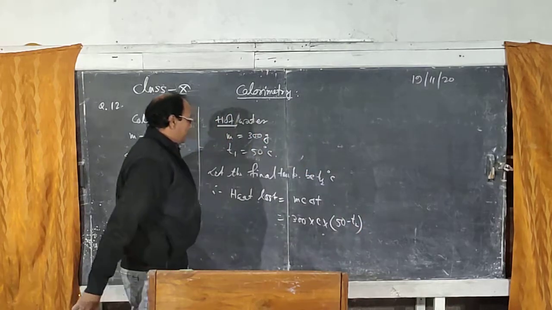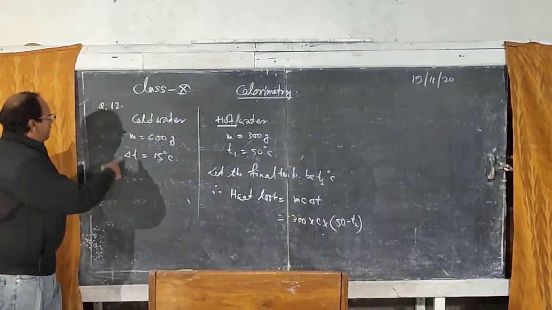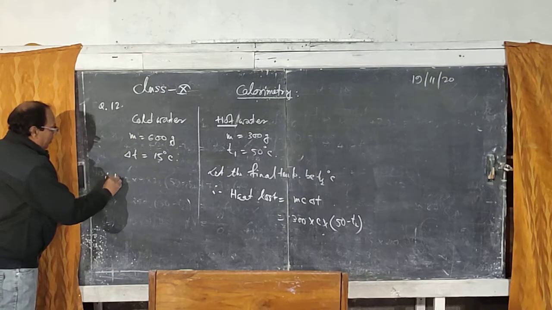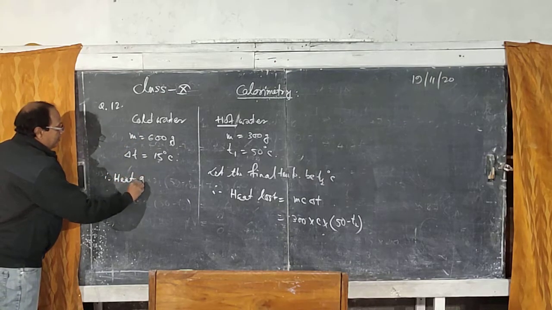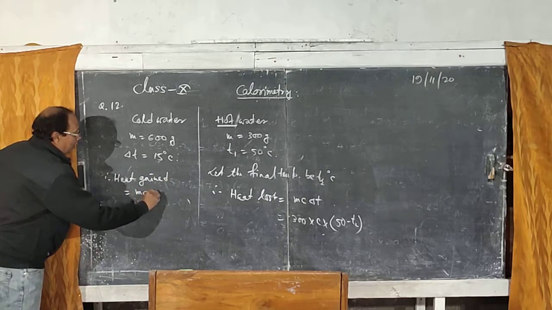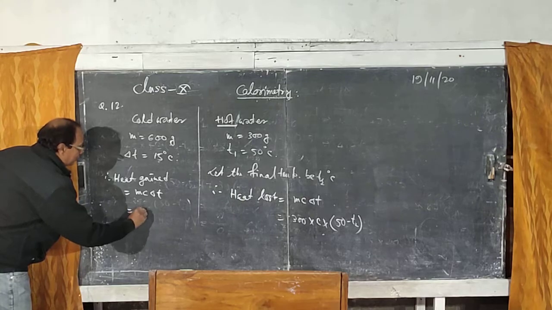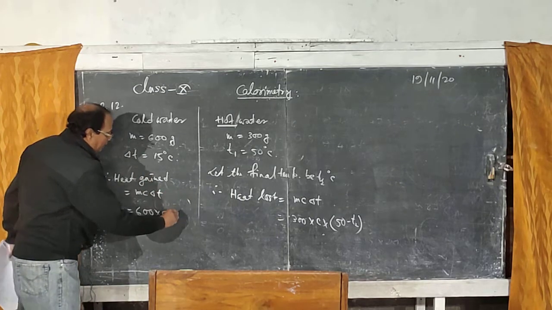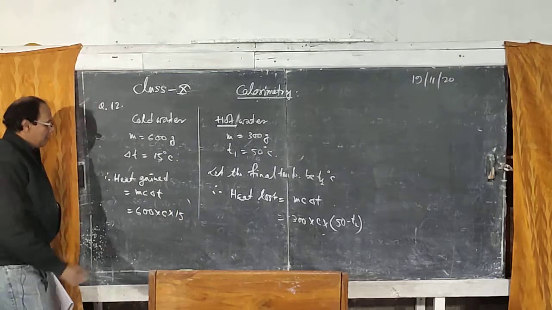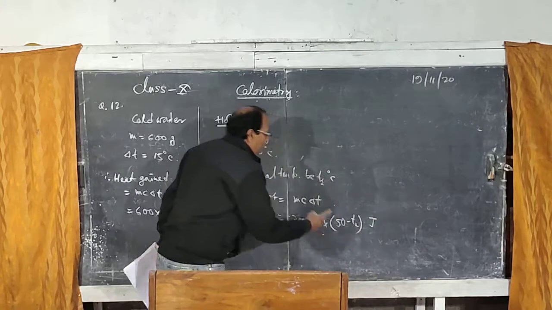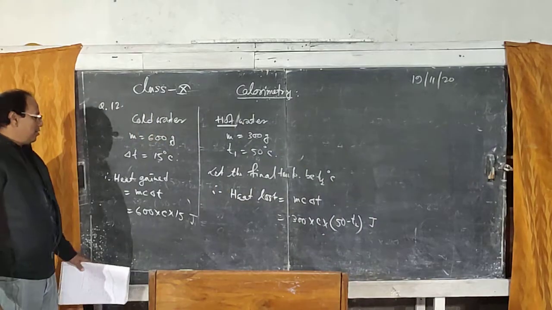And for cold water, heat gained equals mc delta T is equal to 600 into C into delta T, here 15. Both are in terms of joule, if you want to write joule, otherwise if you don't write, no problem.